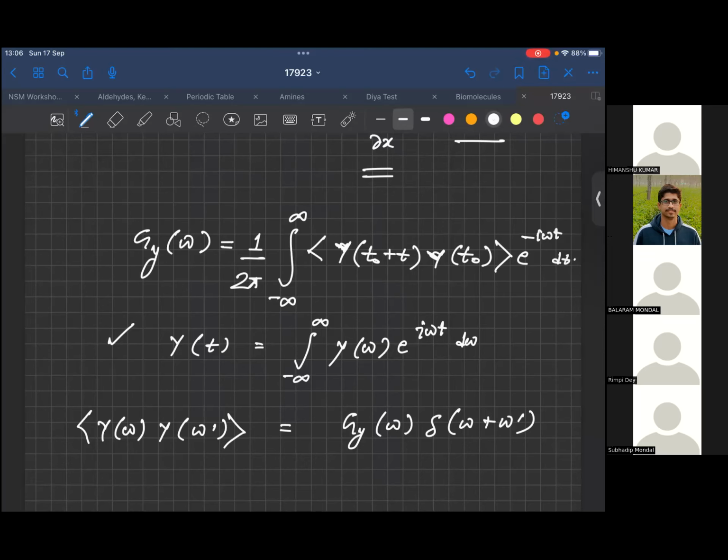If we just write mu is equal to q into r, the linear dipole function, then I think the velocity autocorrelation and dipole autocorrelation will be exact, right? Yes, it will be exactly connected with the charge.